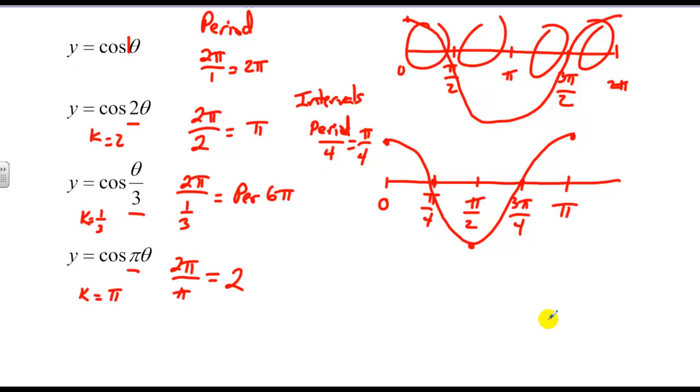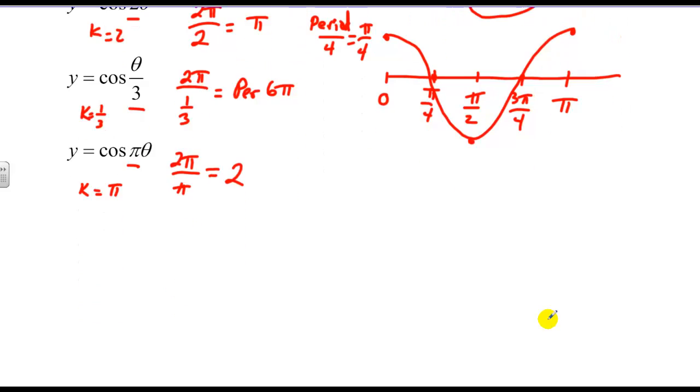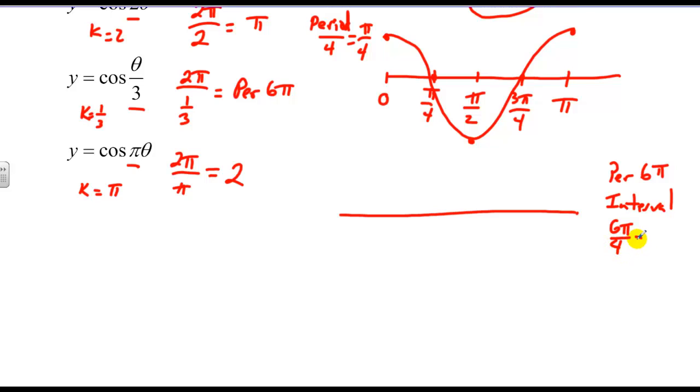Now, if I want to graph the next one, I'm going to do something very similar. I'll go ahead and find my intervals. So I know my period in this case was 6 pi. And if I want my intervals, split up into 4 equal sections, I'll take 6 pi over 4 and get 3 pi over 2.